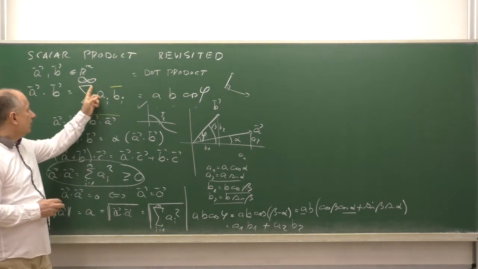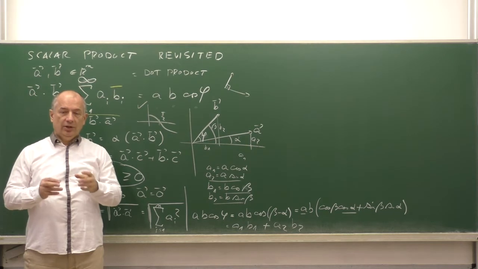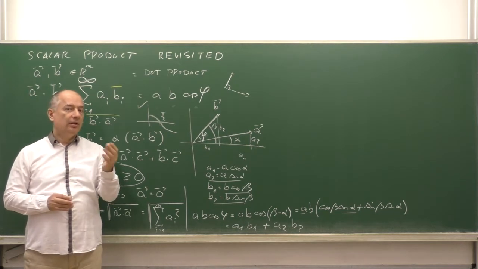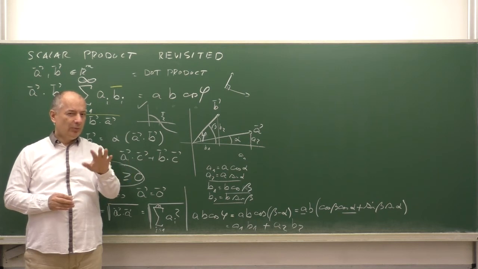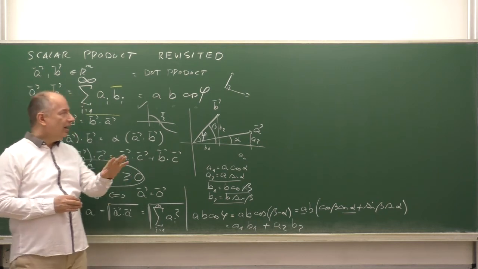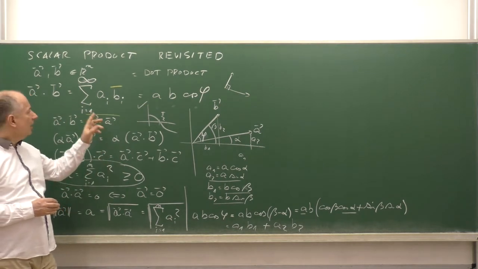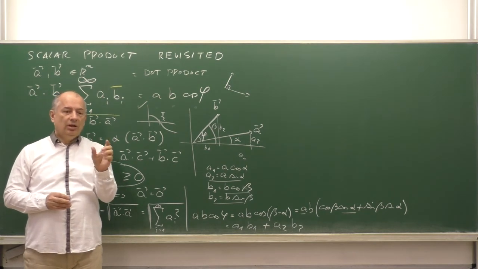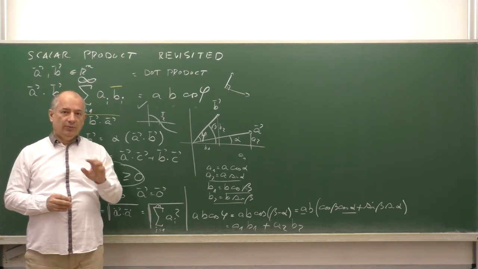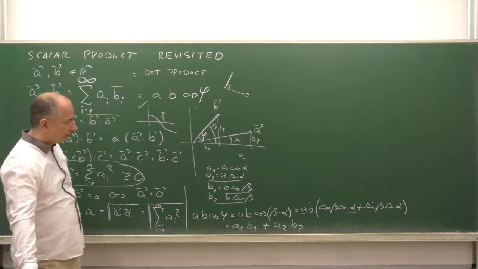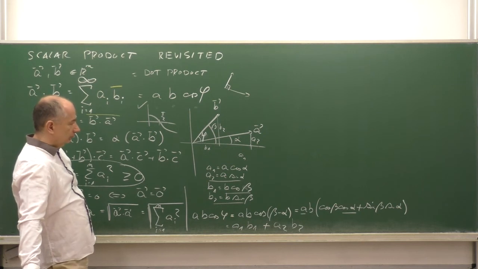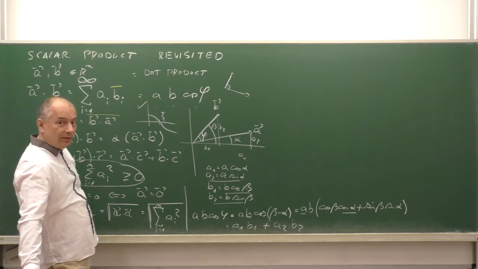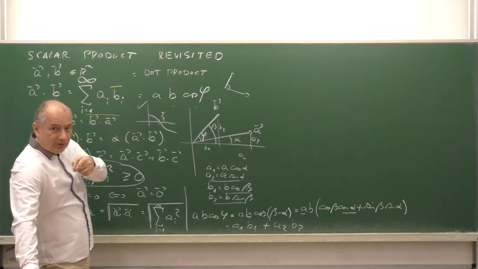And then, instead of taking the sum of these products, we take, you guess? Now stop me for a moment, and think it over. How should we modify the sum when a and b are not vectors or sequences, but rather functions of a real variable? Okay? You've got it? Integral.